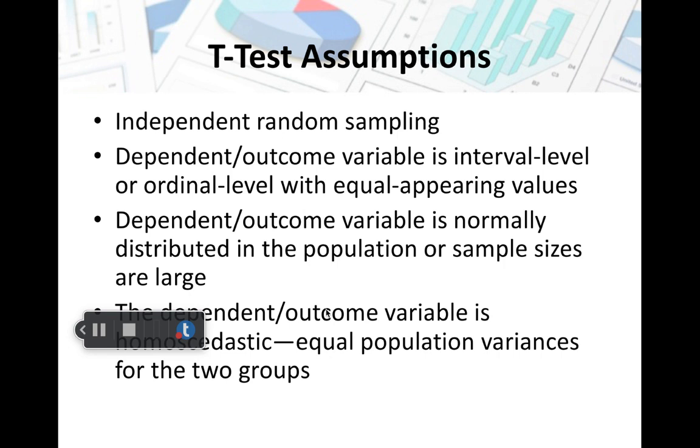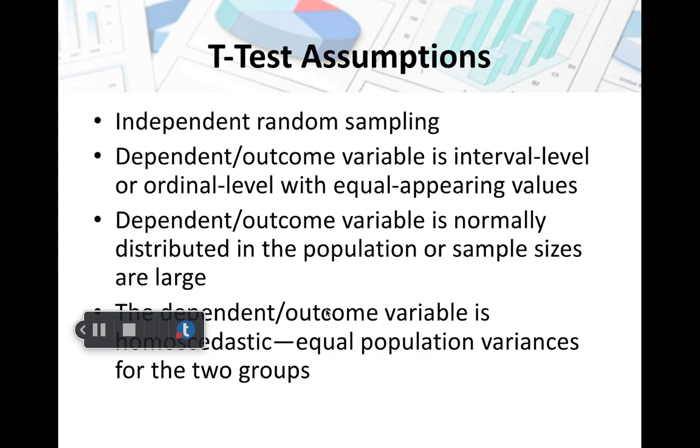Now, when we do t-tests, there are certain assumptions that we are making to make the results of these tests valid. The first one is that there is independent random sampling, and that all of these events, all of these people in a sample are not dependent on each other.